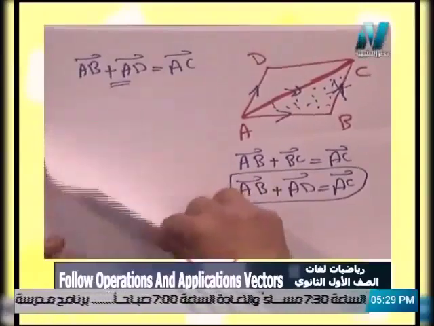We have another example for you. If we have a quad and we would like to prove it is a parallelogram, we just prove that two opposite vectors have the same direction and the same magnitude.